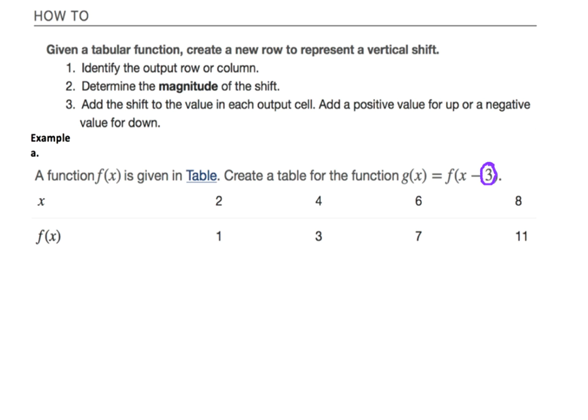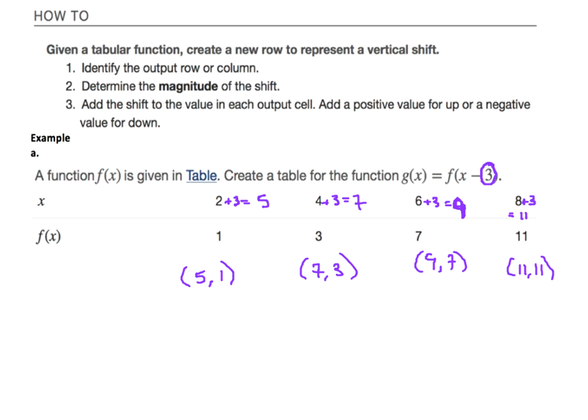So we're actually going to be adding 3, because it's inside, inverse, and it's subtracting, so we actually want to add it. We're going to add 3 to each of our x values. And that gives us 5, 7, 9, and 11. So I now have the points 5, 1, 7, 3, 9, 7, and 11, 11. All right, so that's it.